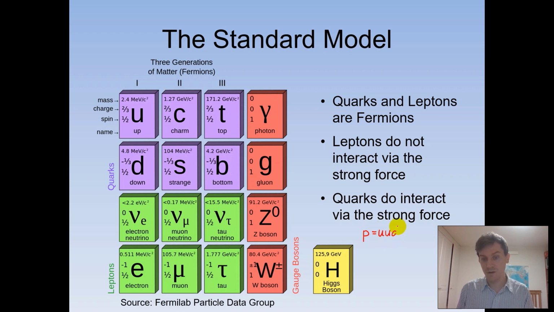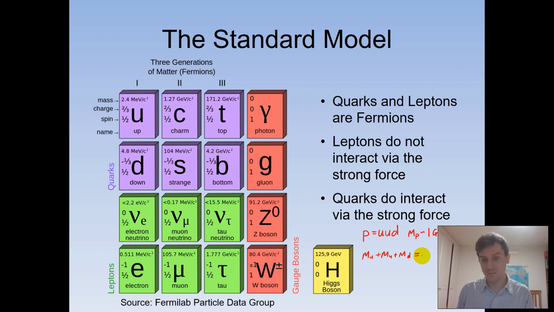is made up of two up quarks and a down quark, and the mass of the proton is about 1 gigaelectron volt, just under, like, 980-ish megaelectron volts. But if you look at the mass of the up quark, so two up quarks and a down quark, then the total mass of these particles is 2.4 plus 2.4 plus 4.8.